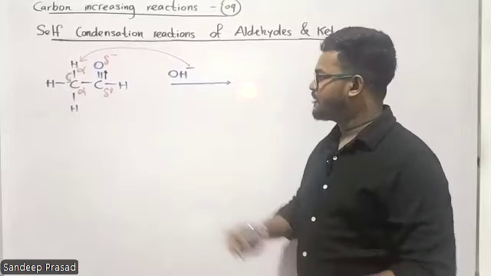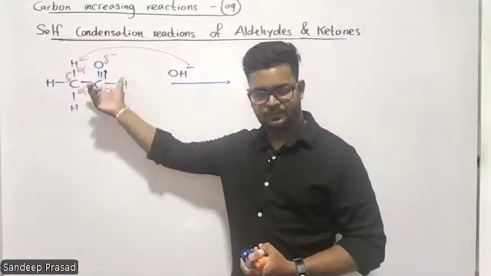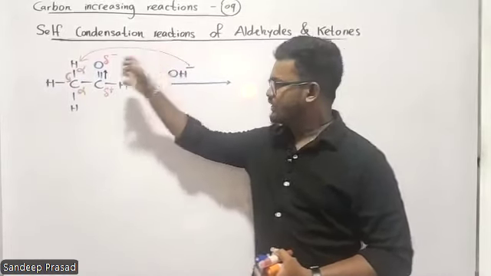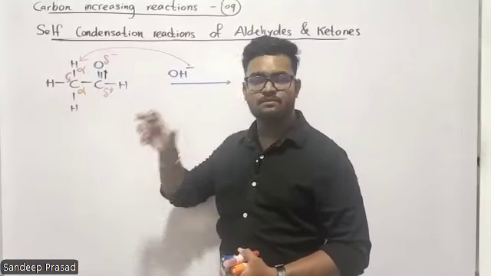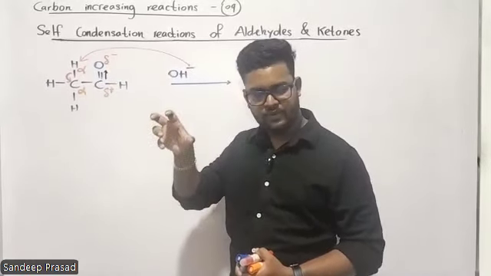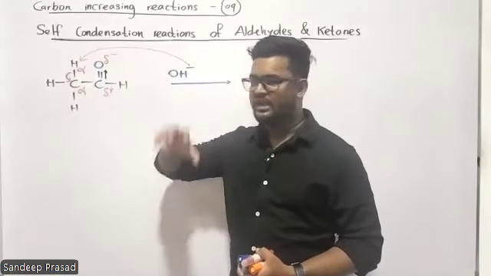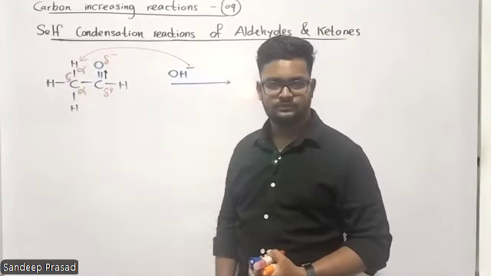Remember, when we add OH minus to the medium, the carbonyl group is polarized. Oxygen is pulling electrons, so this carbon has to pull the electrons from the hydrogen. The carbon-hydrogen bond is breaking, giving electrons to the carbon atom. Then hydrogen has to eliminate from the compound.